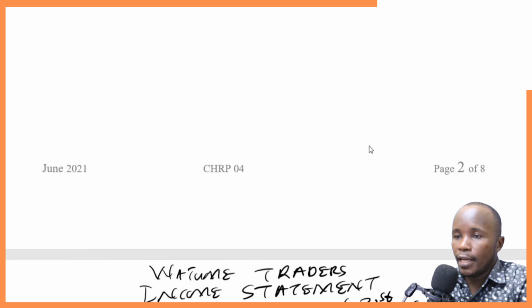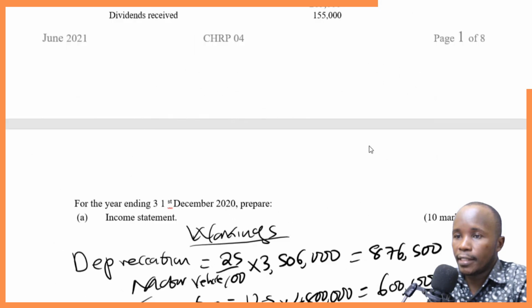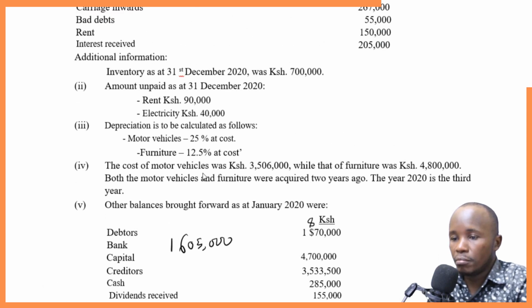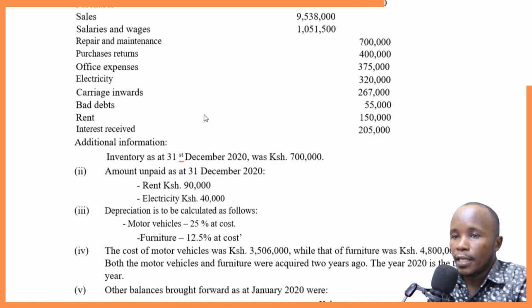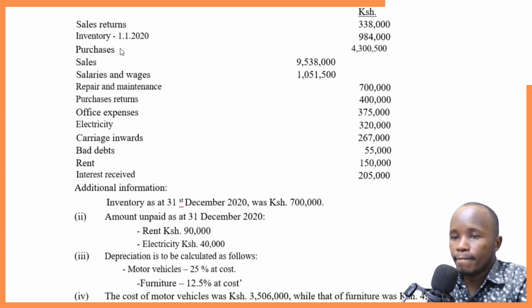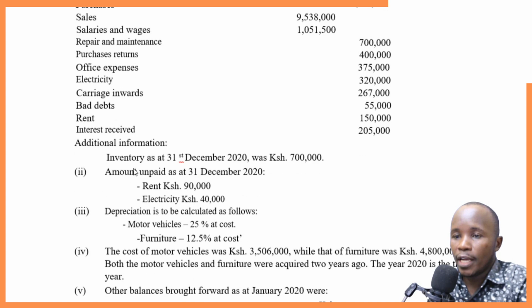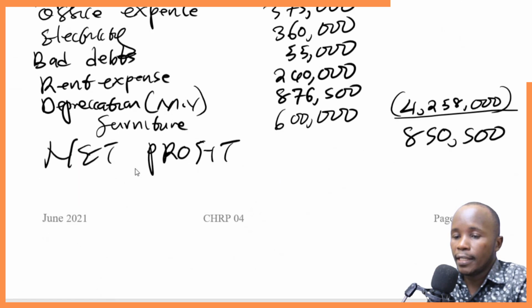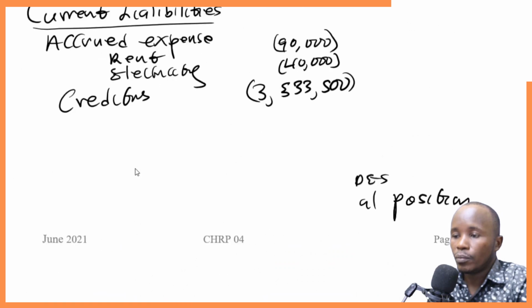Do you have anything else left as current liabilities? Looking at these other balances, there is nothing here. Additional information, there is nothing here because we have already captured these unpaid expenses. So we can clearly see that we have captured all the current liabilities.